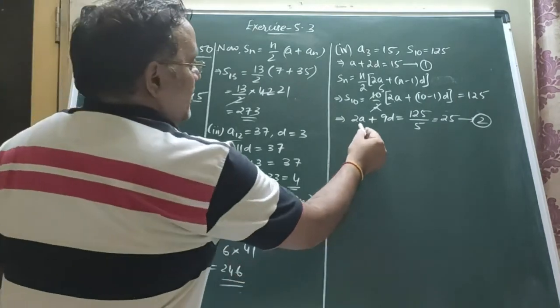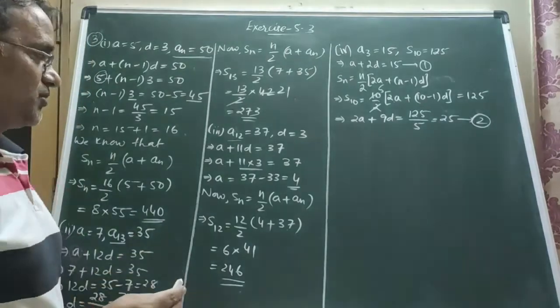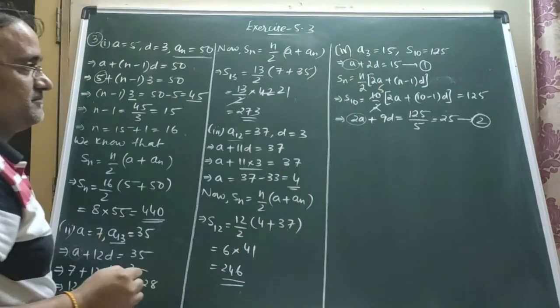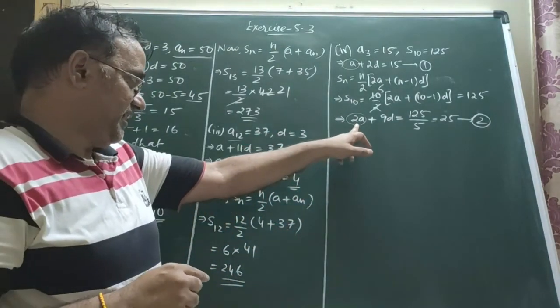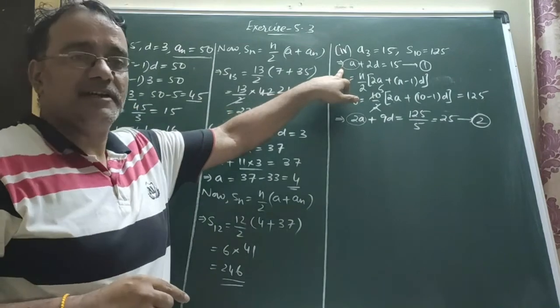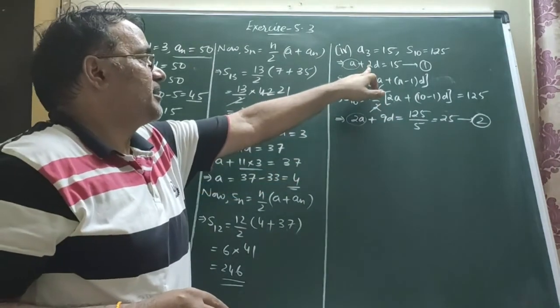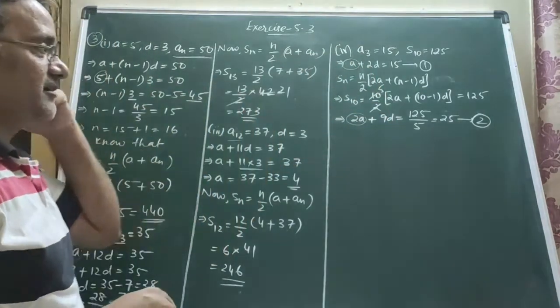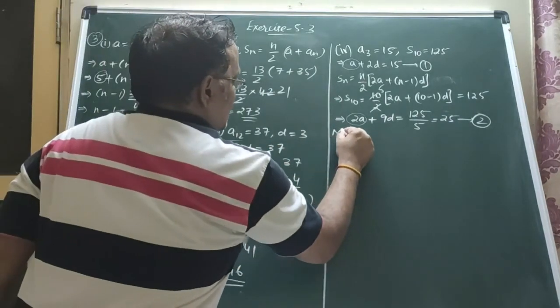Now see, we have to solve these two equations to find the value of a and d. So what we will do, we will make these two coefficients the same. Why did I select a? Because to make a the same, we only have to multiply here by 2. If we want to make d the same, we have to multiply here by 9 and here by 2, so it becomes 18. So after multiplying we have to subtract.